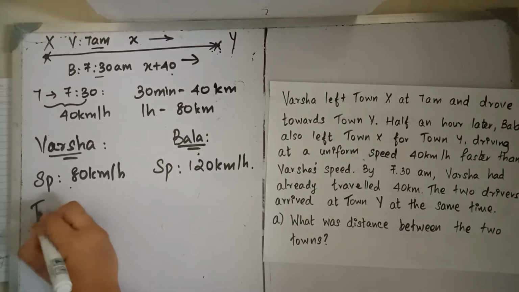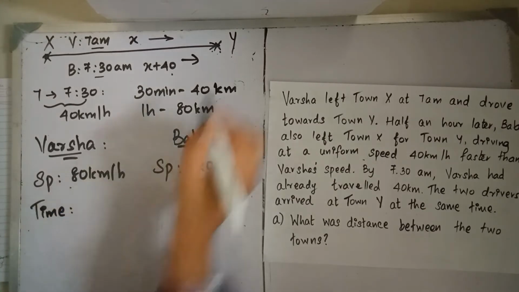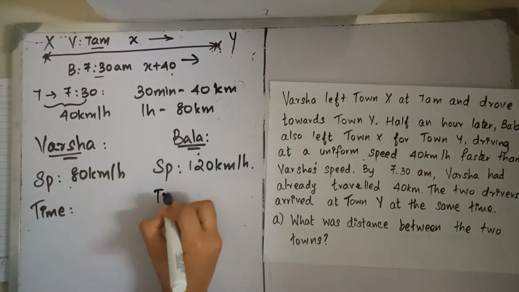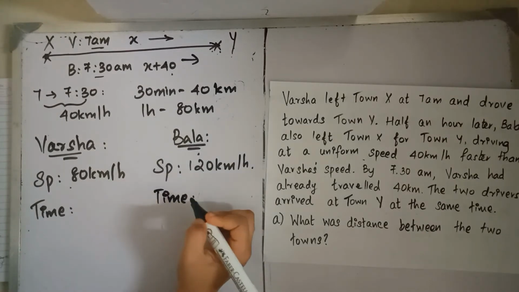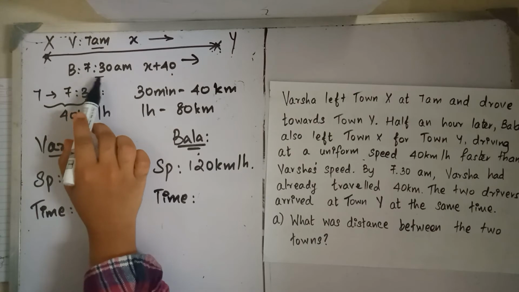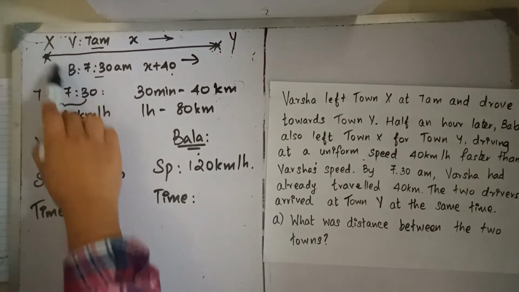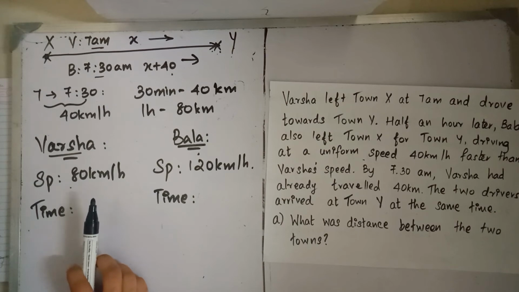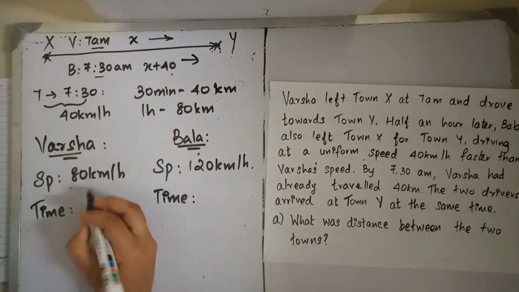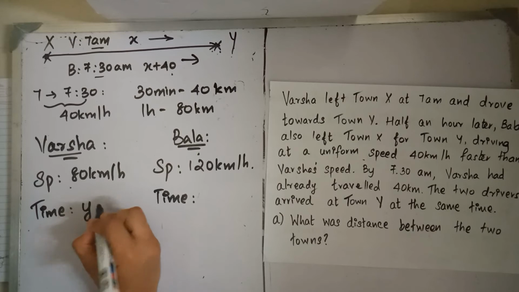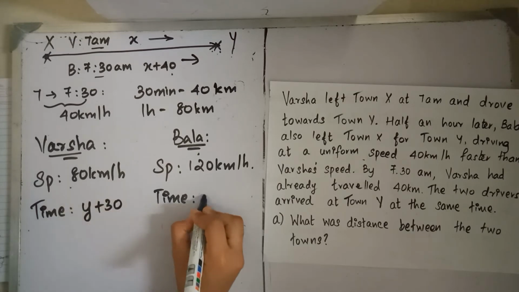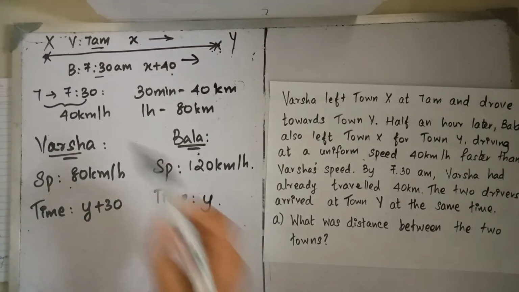Now we don't know the time that they take to reach spot Y, but we do know that Bala starts at 7:30 and Varsha starts at 7 am. So there's a difference of 30 minutes between them. So Varsha's time will be Y plus 30 and Bala's time will be Y. Why is this?